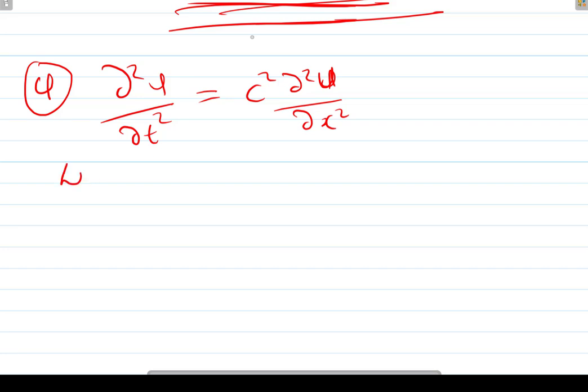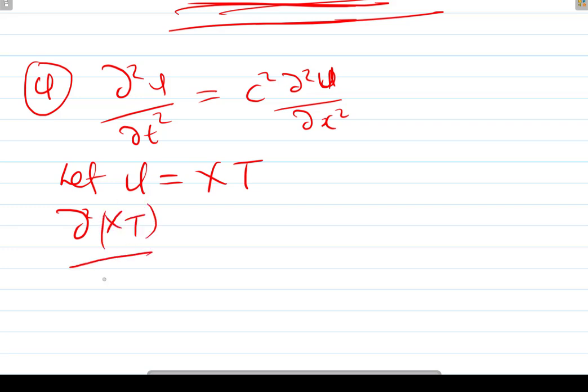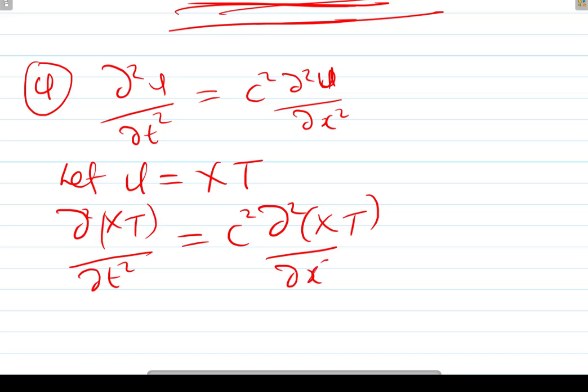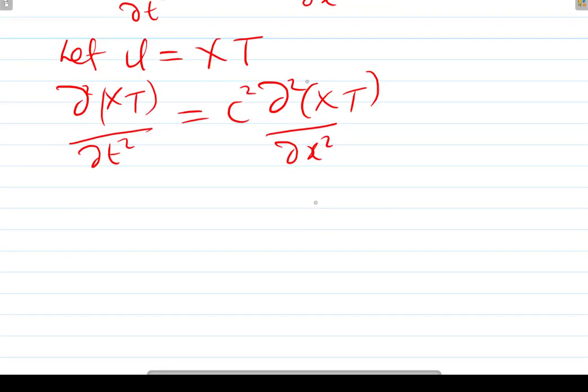So again, like before, u equals X(x)T(t). Substituting there, you have X T'' equals c² T X''.